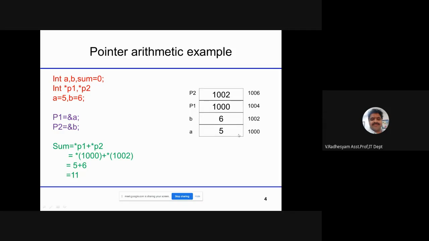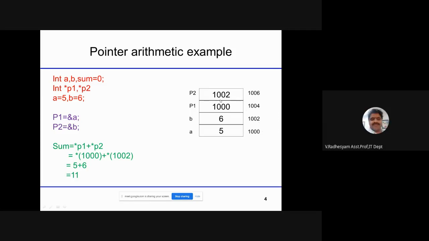What is the address of A? 1000. Address of B? 1002. Here you consider P1. P1 is equal to the address of A. What is the address of A? 1000.